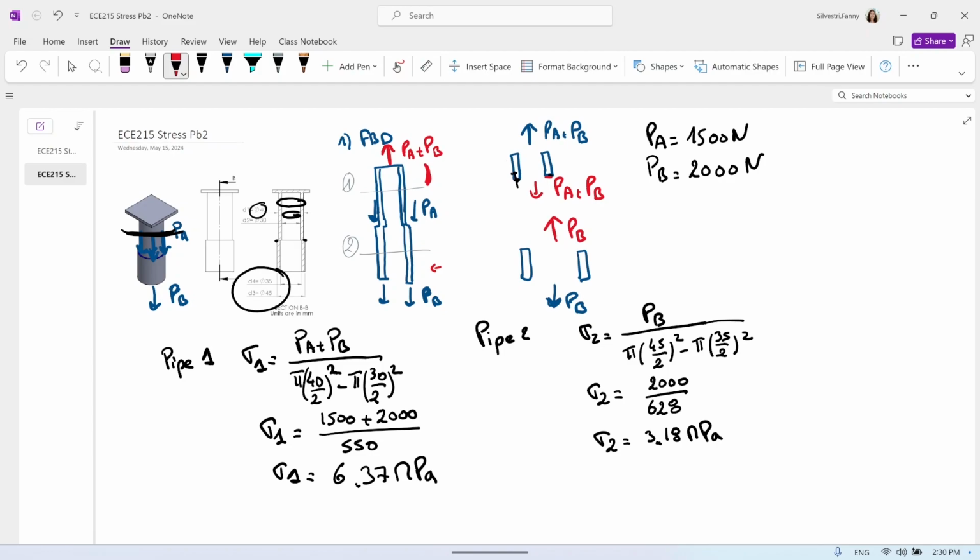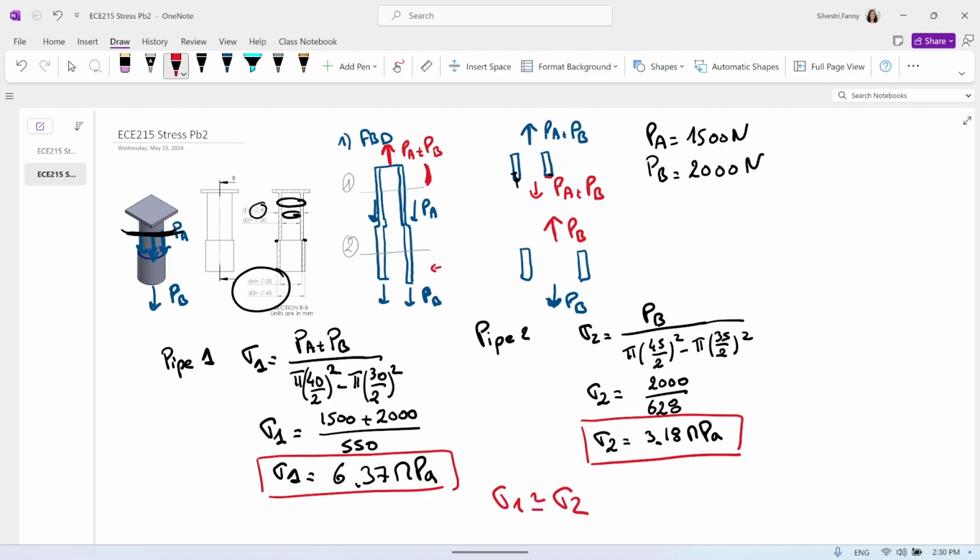You see the stresses in the pipes are very different. What do you think about that? Does that make sense? It makes sense because pipe number 2 is submitted to a lower load and also is larger. So in this case, what we will try to do is have the sigma about the same.